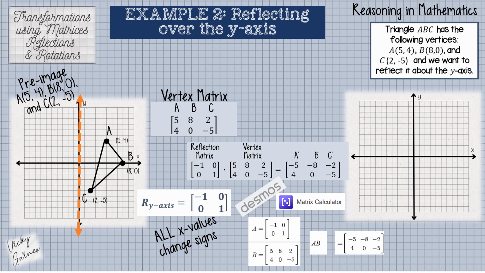So A prime is at -5, 4, B prime is at -8, 0, and C prime is at -2, -5. Let's graph those. A prime is at -5, 4. Great. B prime, -8, 0. C prime, -2, -5. There we go. That's a reflection over the y-axis.